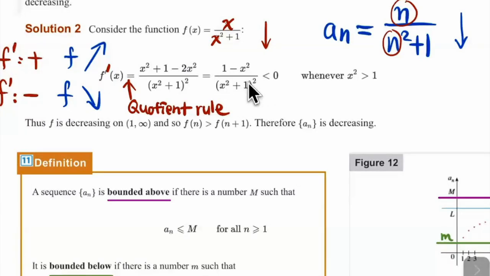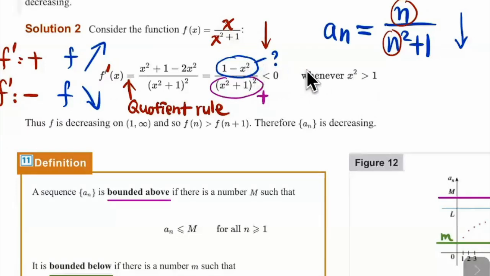Would that be negative? No, it's always positive. So the sign of the derivative depends only on this 1 minus x squared, right? So if that is negative, then the whole thing is negative. So when would this be negative? Yeah, when x squared is greater than 1.